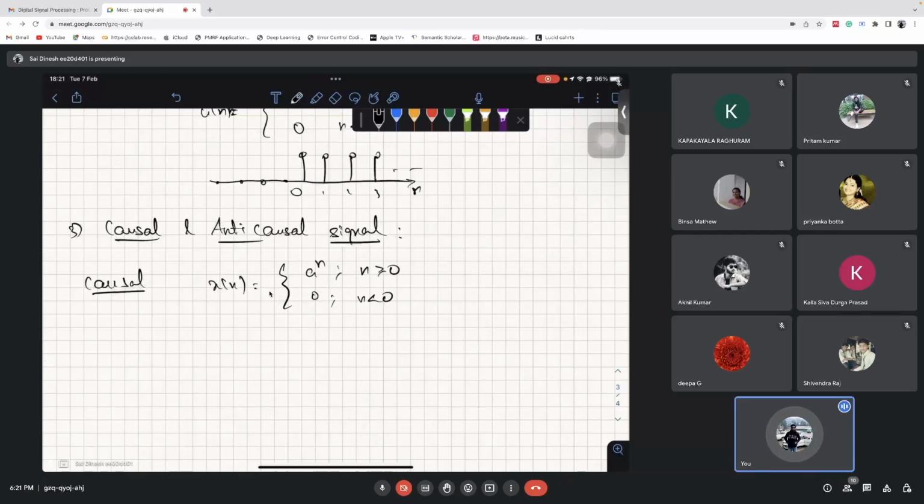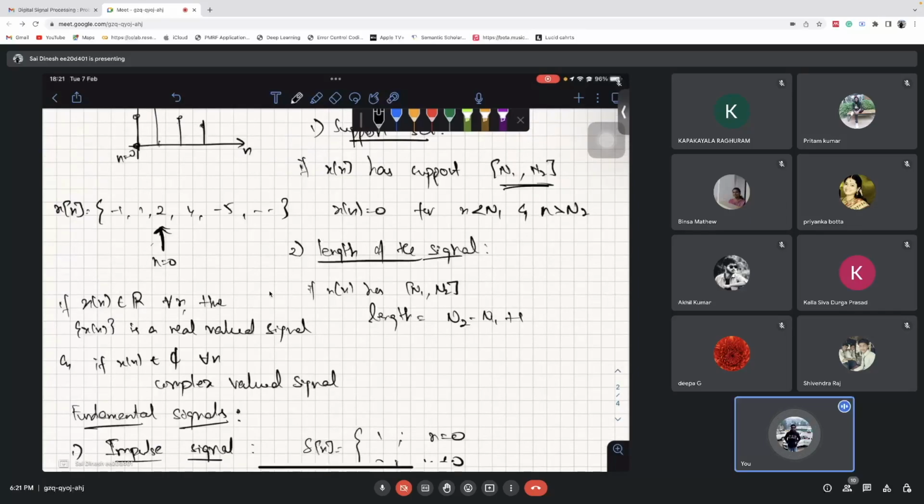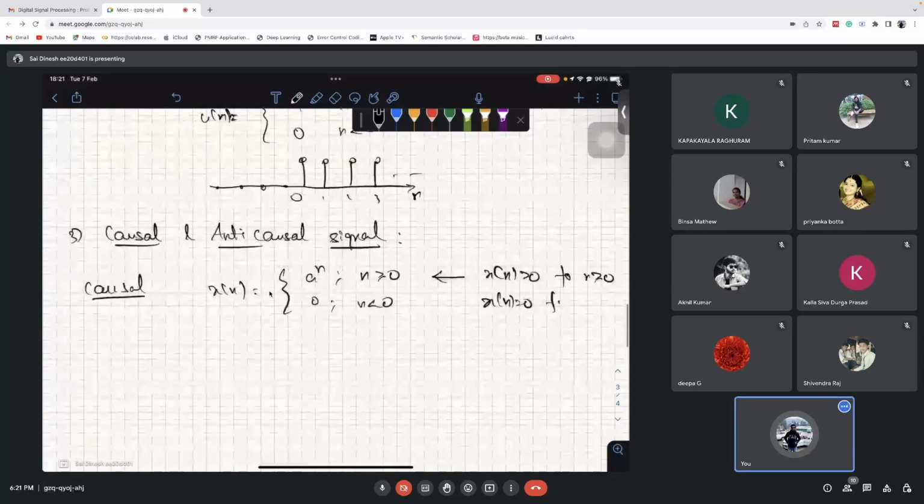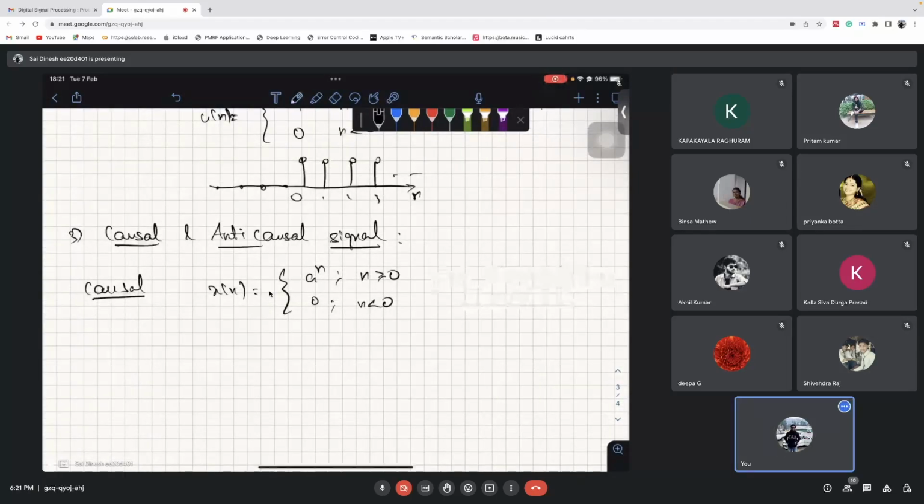Sorry, the statement I wrote here is wrong, it's my mistake. So a causal signal will be x of n equal to 0 for n less than 0. So this is what causal signal means.